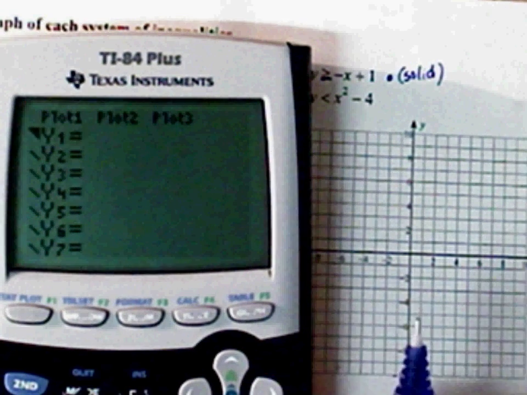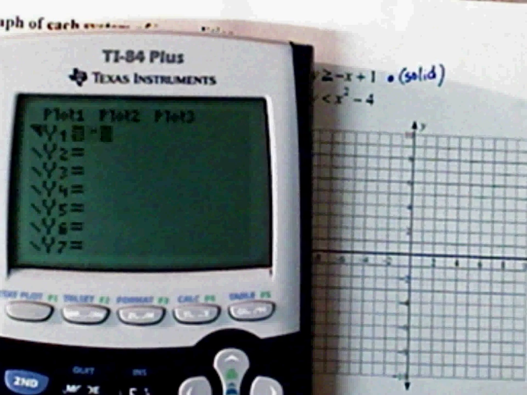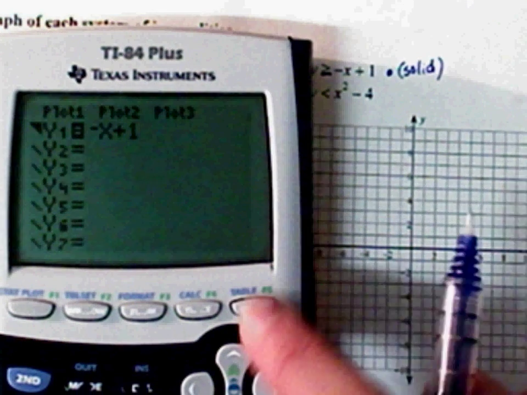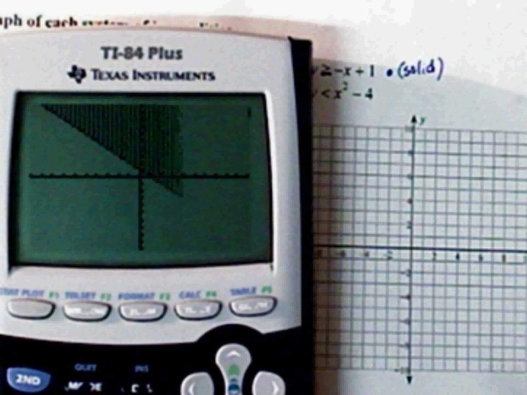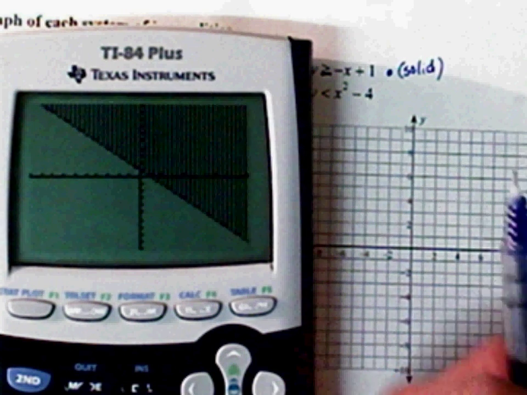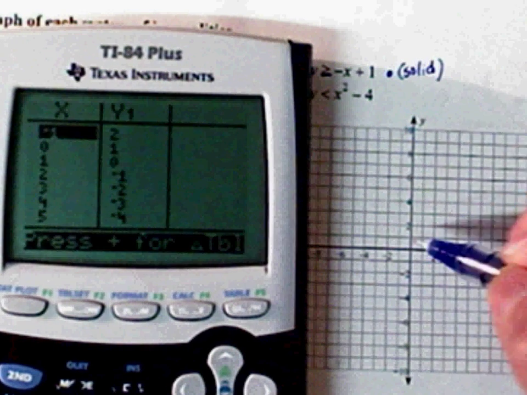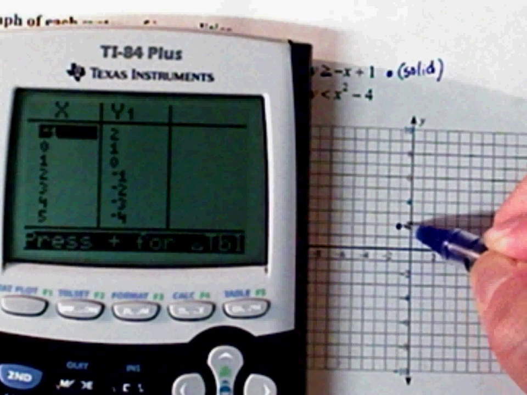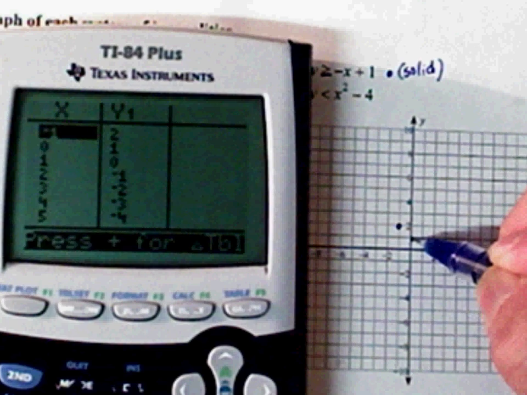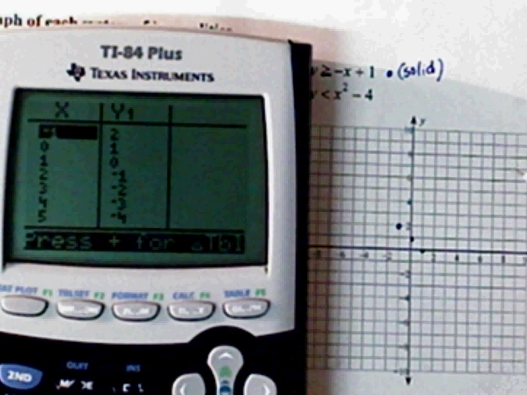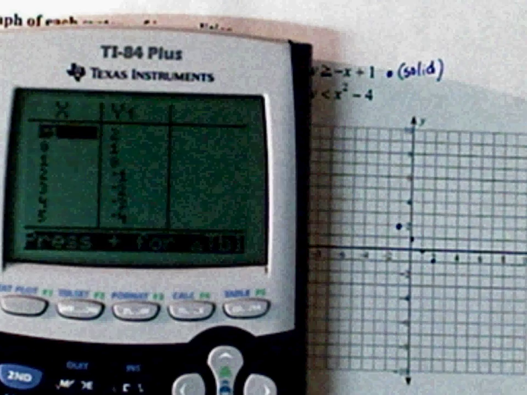Now type in -x + 1. This will show you that this is a straight line, and hit graph. See how it graphs for you? Now all you need to do is go find some points. So I'm going to hit second table. I'm going to plot -1, +2, 0, 1, 1, 0. So that kind of gives me an idea of what my points is going to be.